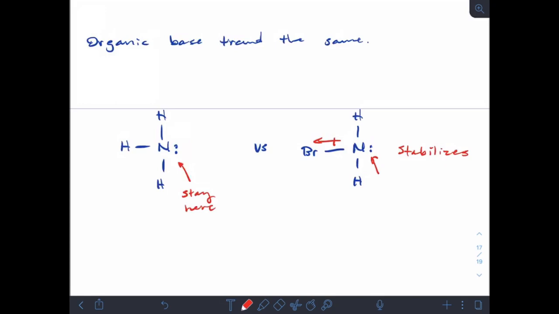Okay, that stabilization means that this is less basic. Okay, the bromine pulls electrons away. So nitrogen doesn't need a proton.